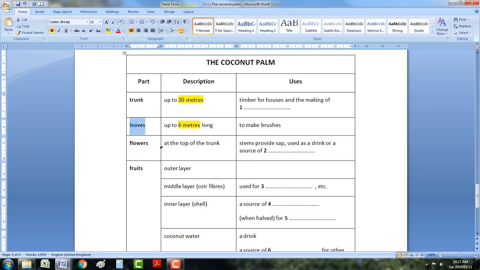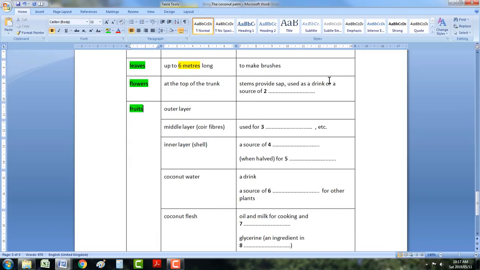I'm definitely going to try and find leaves, flowers, and fruits. These are clear nouns. You know what they are. They can't be anything else. A flower is a flower. And we want to try and find some others of these. This is quite good. Sap, it's quite nice, but maybe you don't know what sap is. Don't worry. But it's an unusual word. That might be interesting. That's a very unusual word.